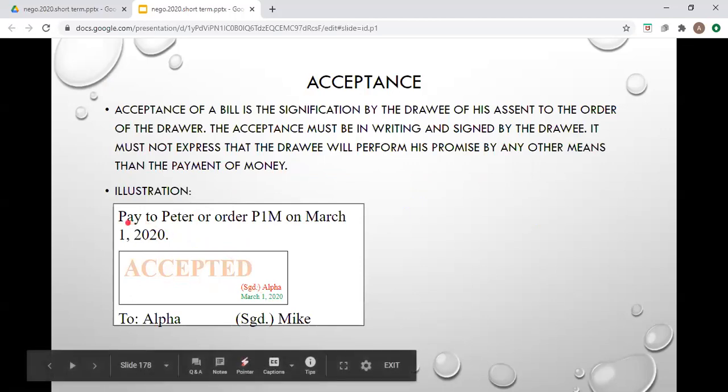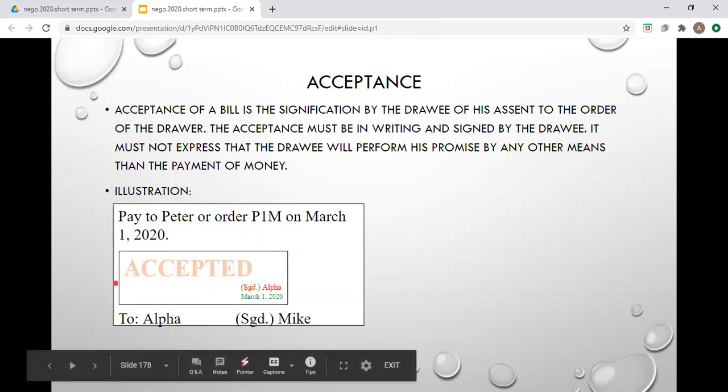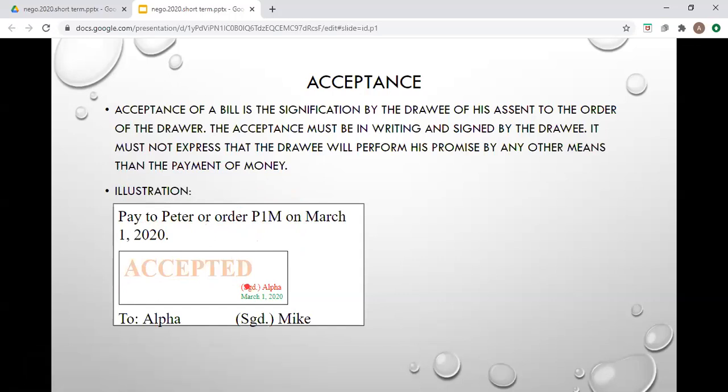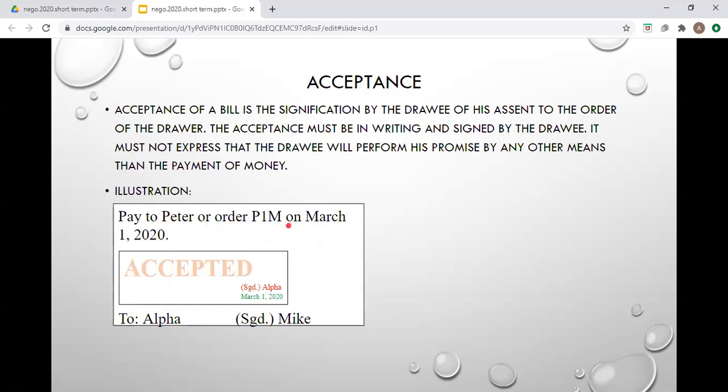So take for example, pay to Peter or order 1 million on March 1 of 2020. 1 million is the tenor of the instrument, correct? When Alpha made the following acceptance, absolute acceptance ang tawag dyan. So he accepted it unqualifiedly. Ibig sabihin, the extent of the liability of Alpha would also be the amount of 1 million, and he has undertaken to pay it on March 1 of 2020.